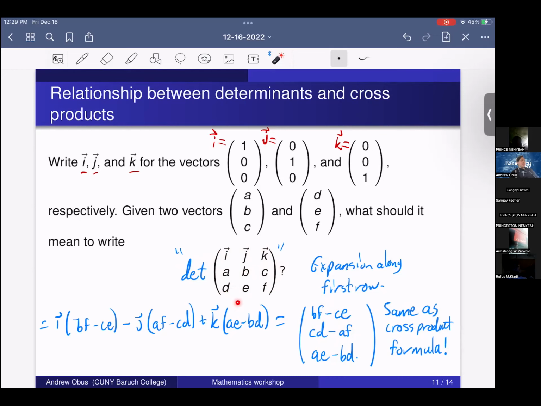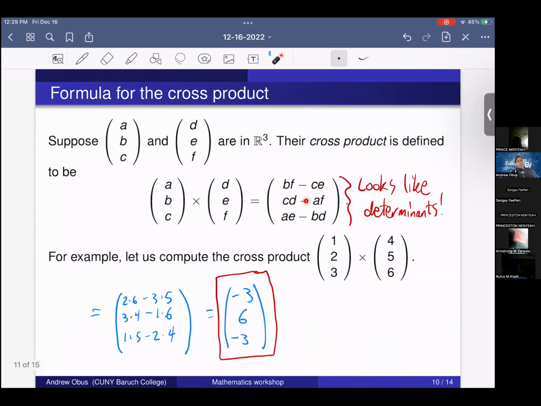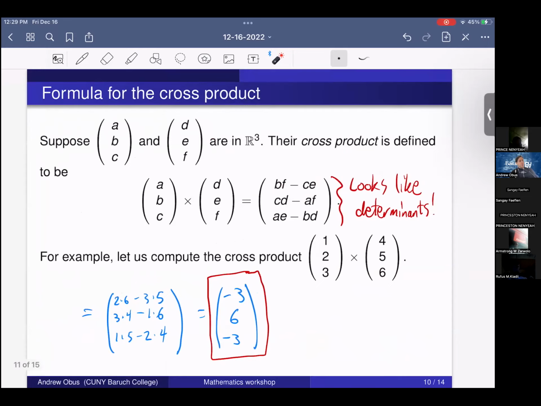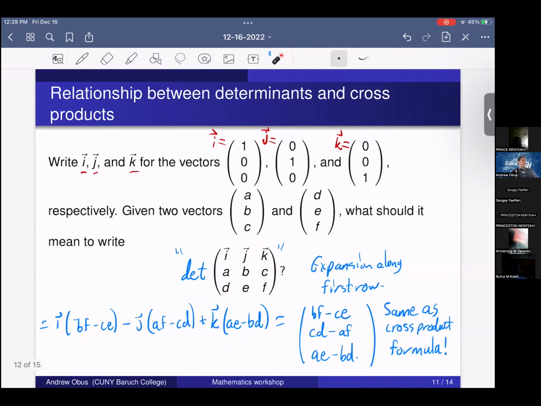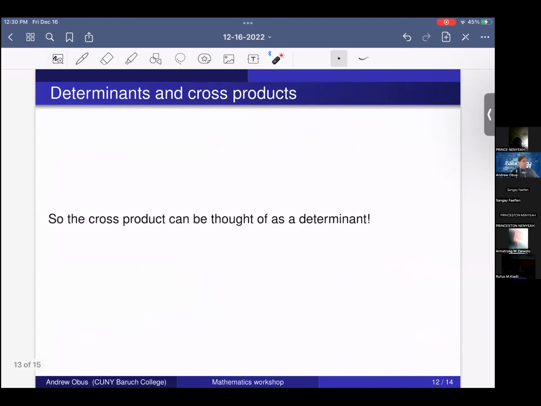And so this is maybe easier to remember than this formula over here. You just have to remember, oh, it's going to be this determinant, and I'll do it by expanding along the first row. And I think for a lot of people that is going to be easier than memorizing the formula for the cross product. So the conclusion is that the cross product can be thought of as a determinant. So cross products and determinants are kind of two aspects of the same thing.